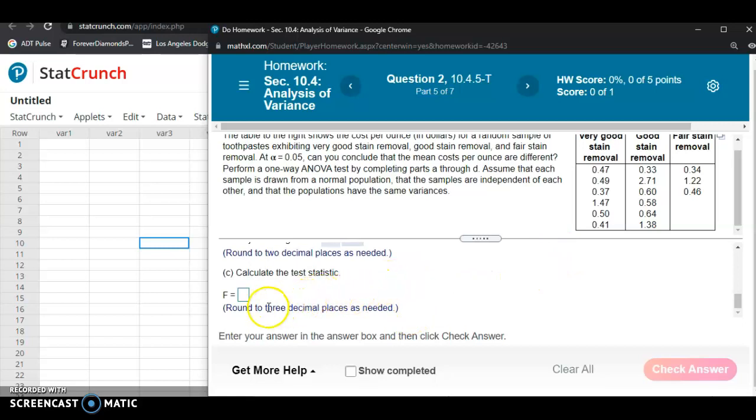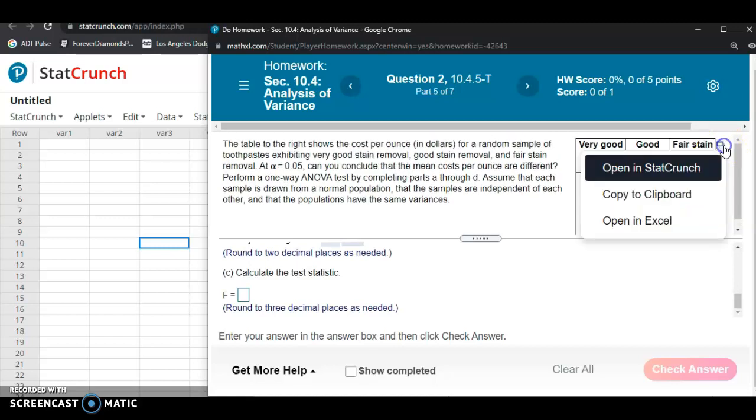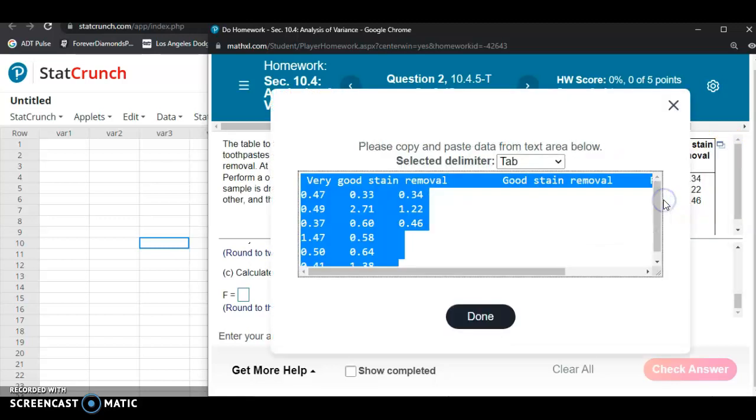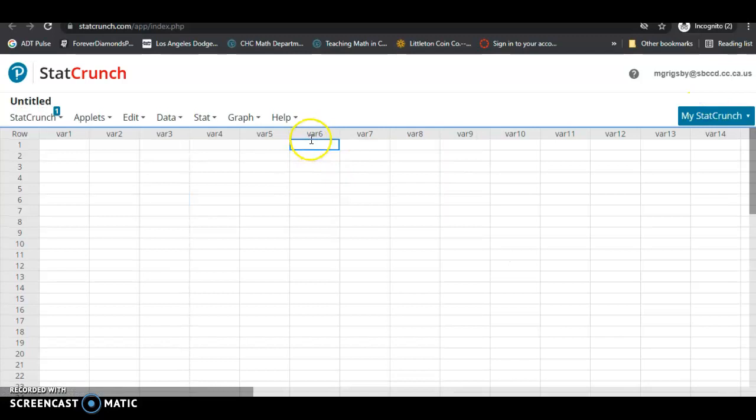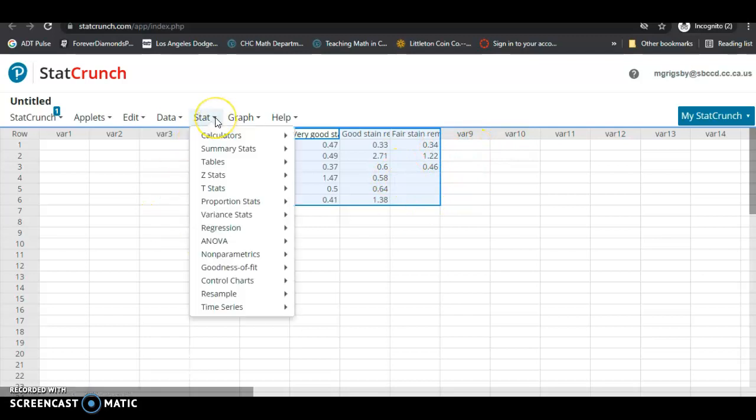All right, so then we're going to calculate that test statistic. So what we need to do then is input the data into StatCrunch. Okay, so we're going to copy it. Okay, so there's our data. And we're going to go to the Stat menu, select ANOVA, select one way.